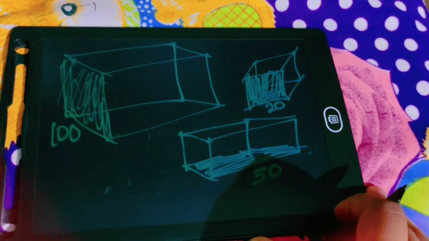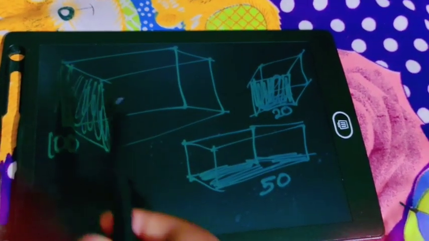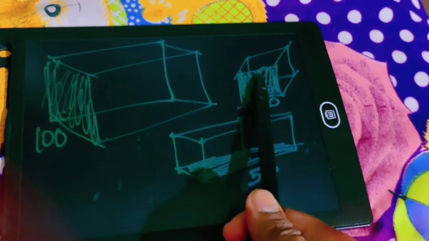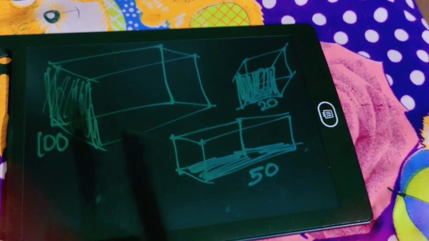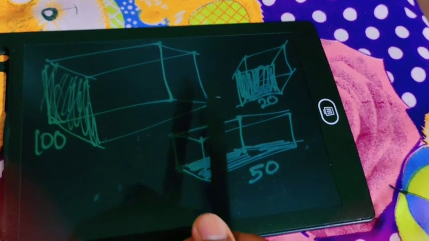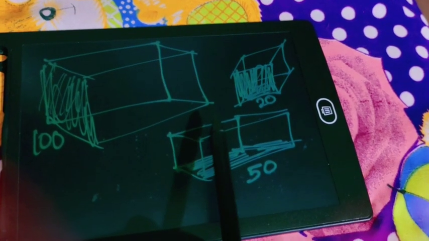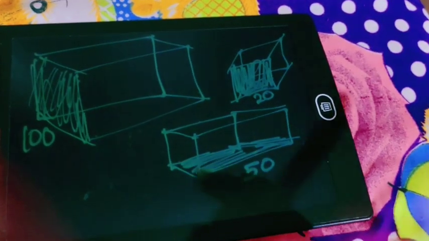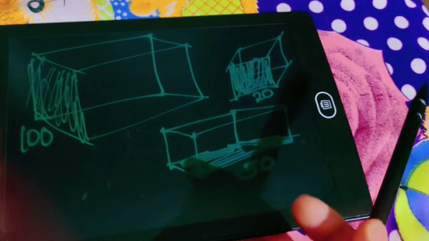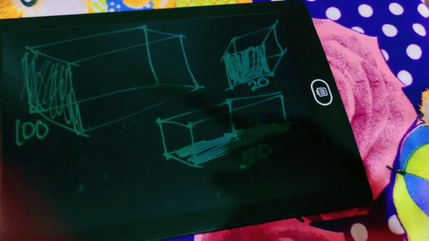Question number 3. If the areas of 3 faces of the same cuboid are given and you will be asked what the volume is, then what will you do?